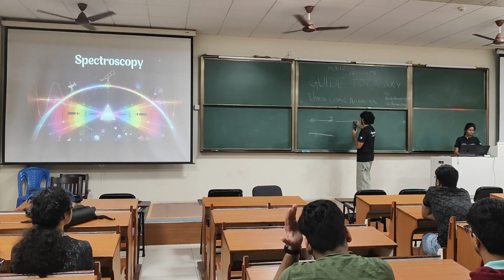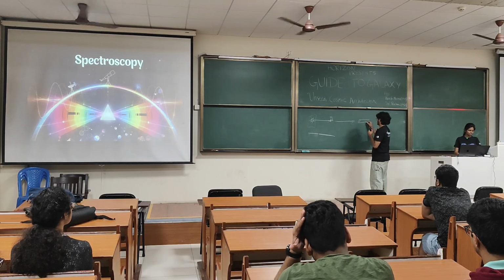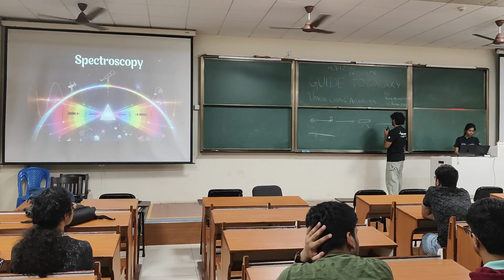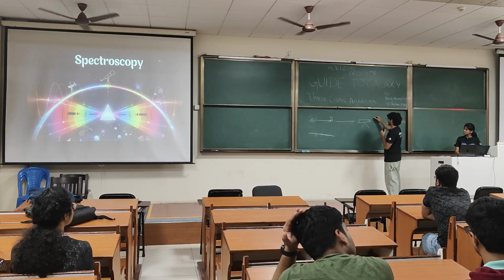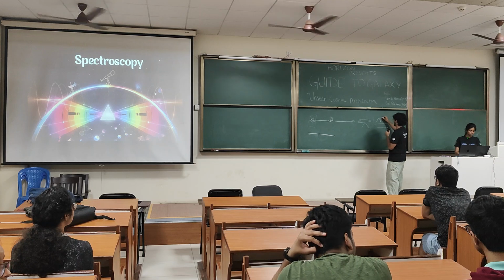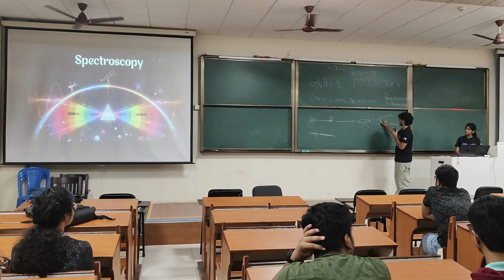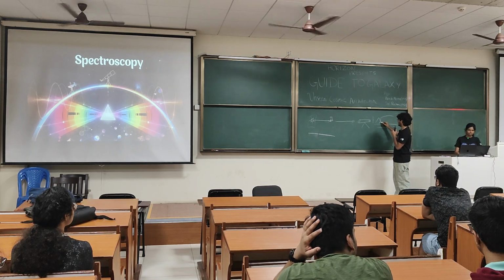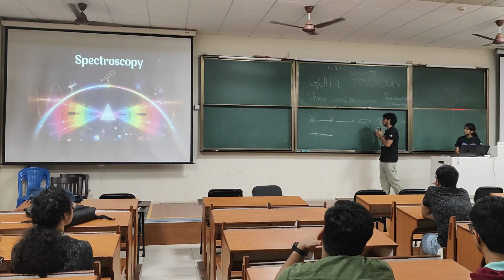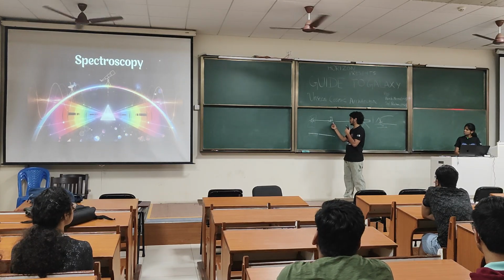And when this light reaches us, if we take the spectrum of this light, plotting intensity with its wavelength, we'll see a dip in this intensity, and figure out which wavelength this is. We can figure out which line of which element this could be.